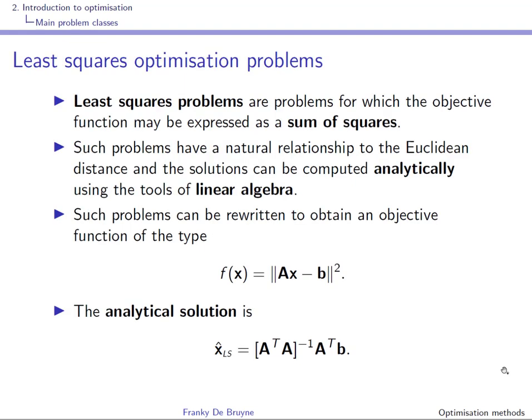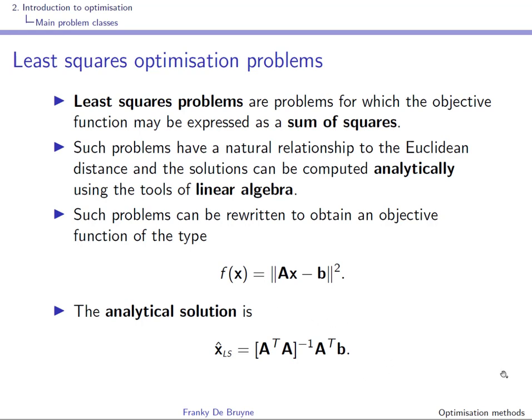Of course, there is a last class of important problems, and it's the class of least squares optimization problems, and that type of problem we have encountered in the course Linear Algebra and Applications. Those types of problems can always be rewritten with an objective function of the type that is shown here on the screen, and we had seen that there is an analytical solution that is given over here.